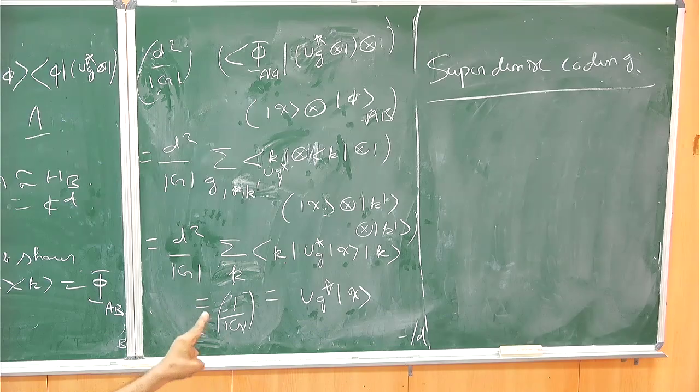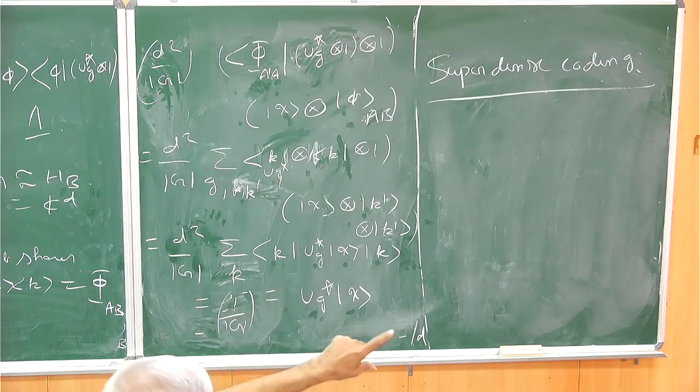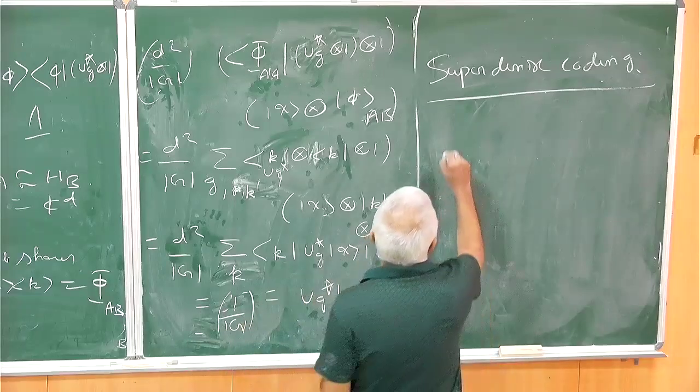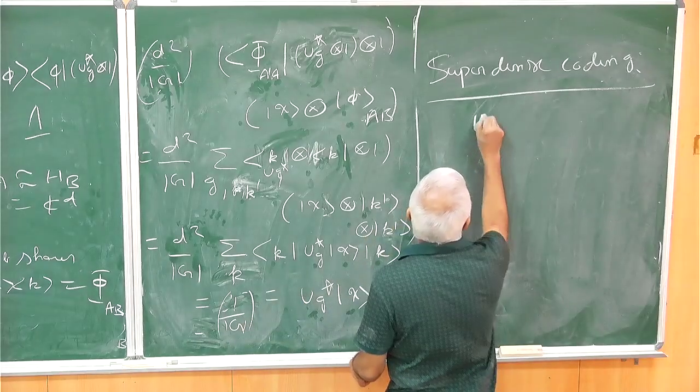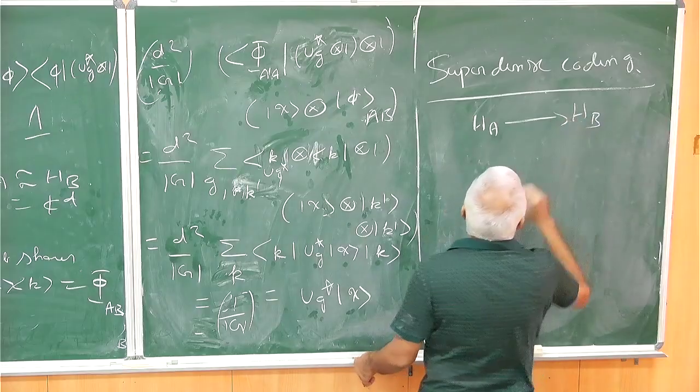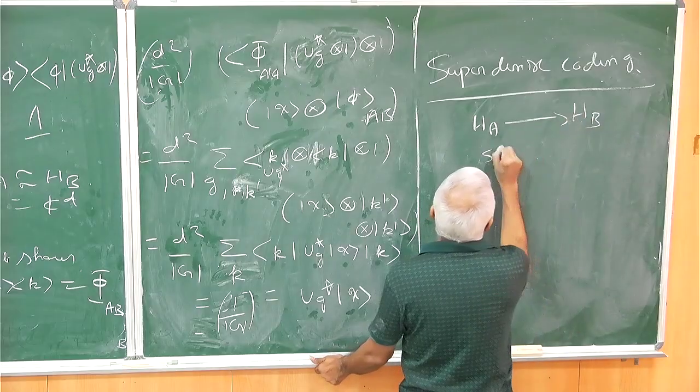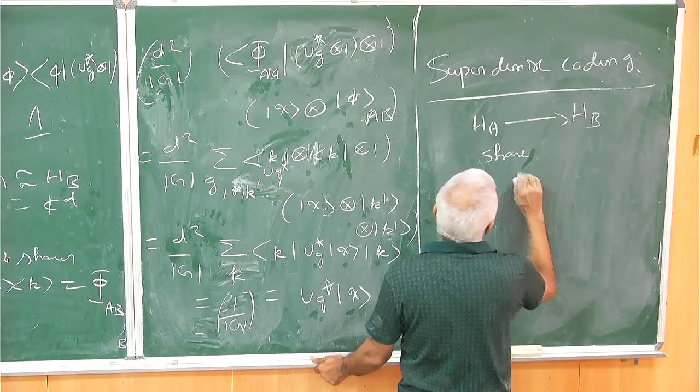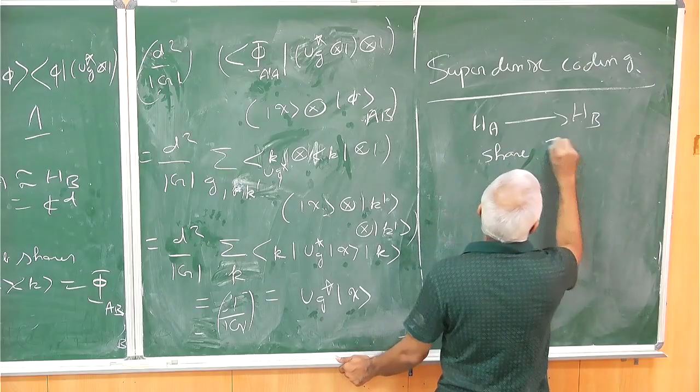That is what is super dense coding. They say it's really very strong. But the other thing is you have to share an EPR pair before that, a maximally entangled state. So here, HA is Alice's state, HB is Bob's, and they both share phi, BB.